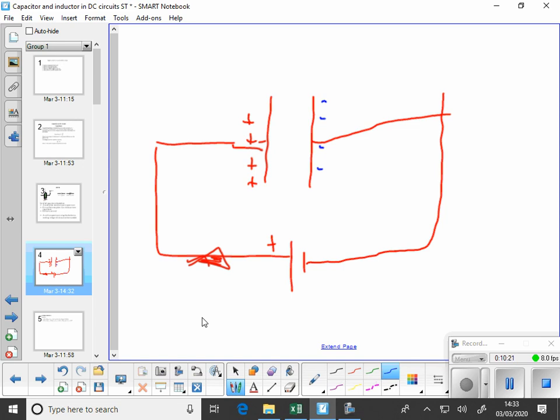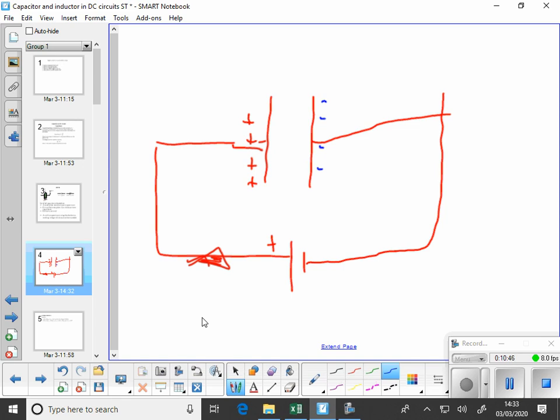I'm going to talk about that period of time in a minute. We've got a charge Q on there now because like charges repel, or you can say unlike charges attract. These negative electrons will repel electrons away from that plate, causing the plate to be charged.